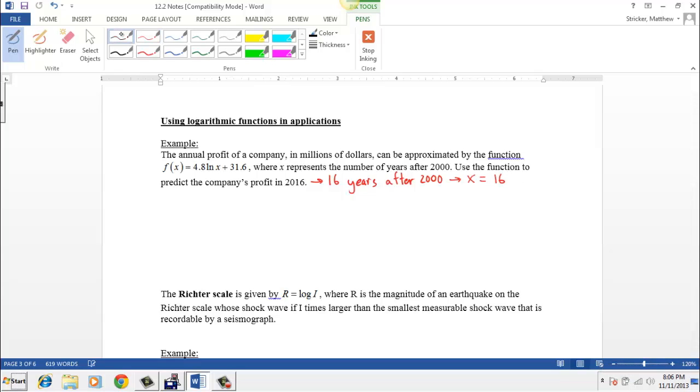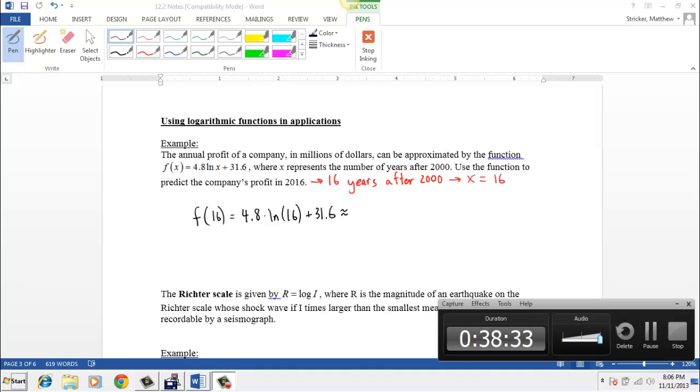So this is pretty simple. It's just a calculation. We want to find what f of 16 is, which is going to be 4.8 times the natural log of 16 plus 31.6. We're definitely going to need our calculator to come up with this answer.